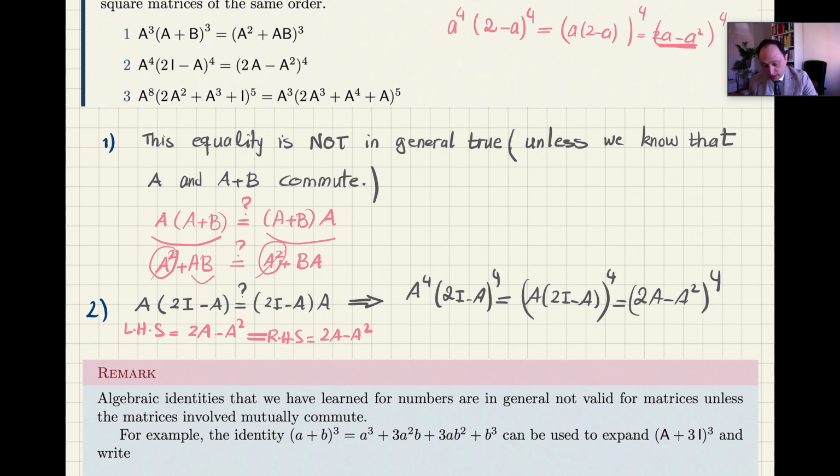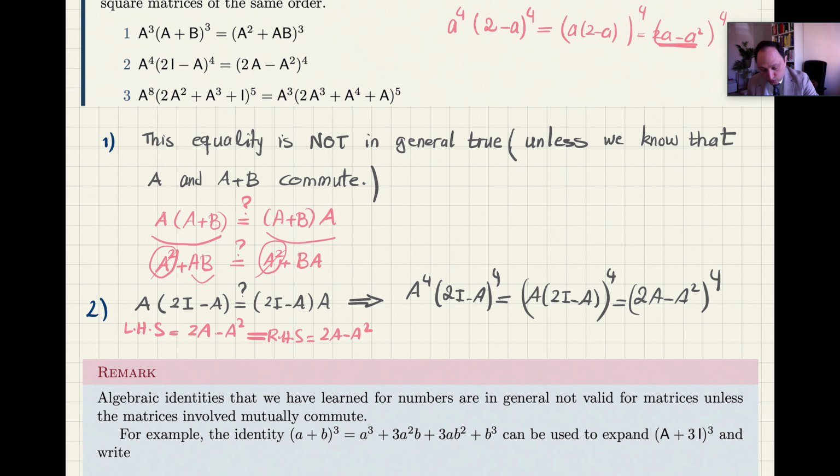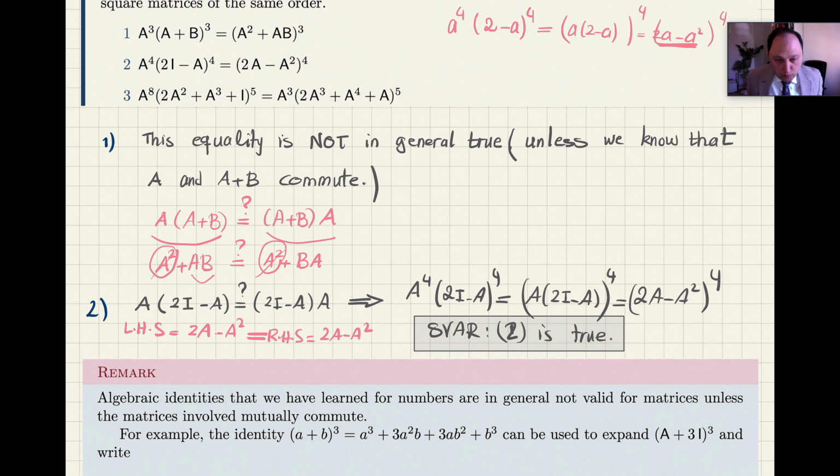So I would say that 2 is true, yes? Is that understandable? I'm just trying to draw your attention to these very simple and very important points, because if you don't value these things, you will be in trouble when you deal with matrices.